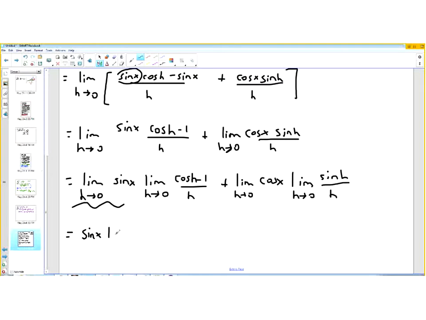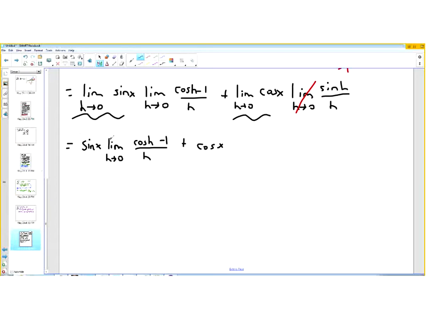And so times the limit as h approaches 0 of cosine h minus 1 over h. We know that this limit is cosine x. And this limit right here, we proved through a geometric construction, so that's equal to 1. The only thing that remains to be done is to clean up this limit.